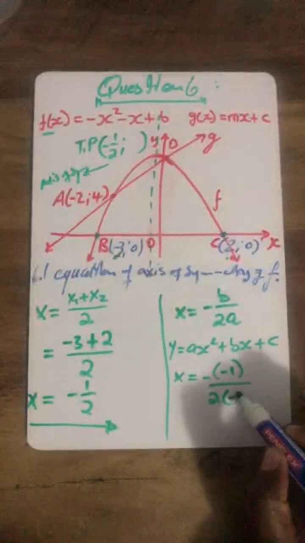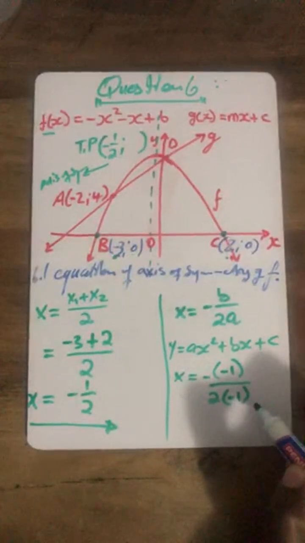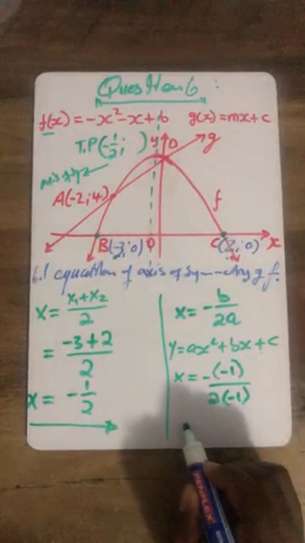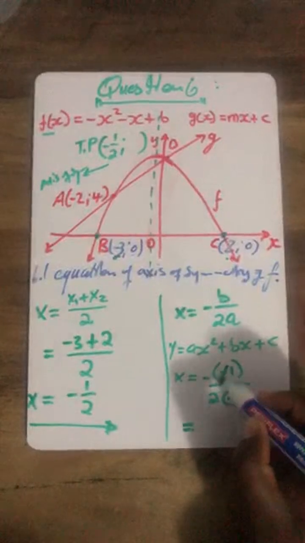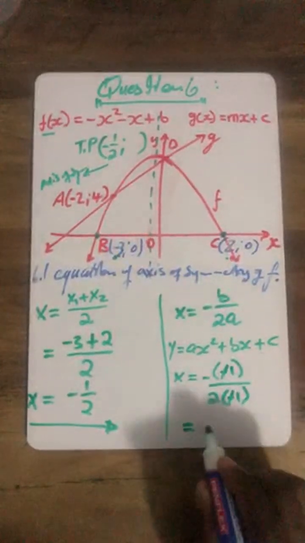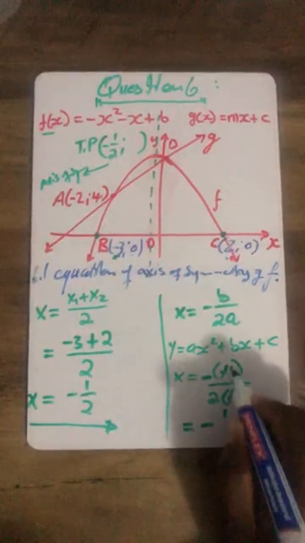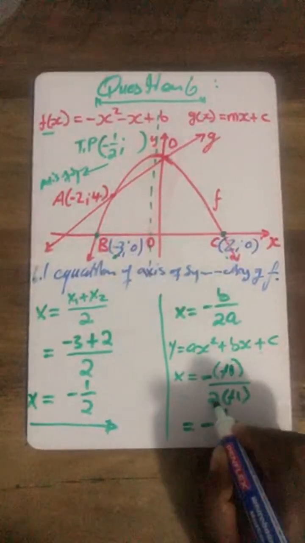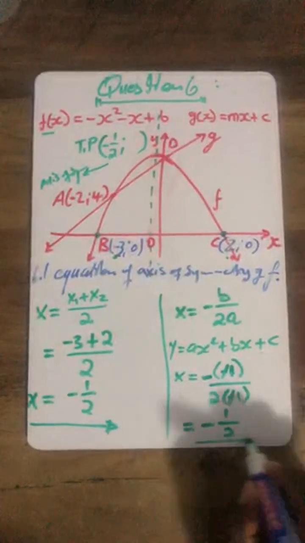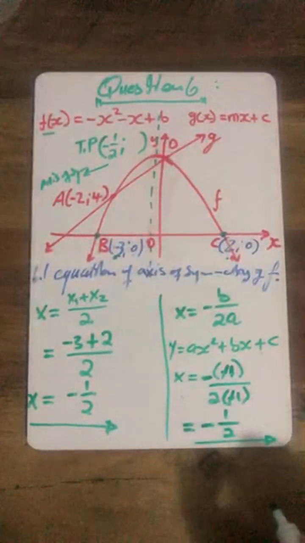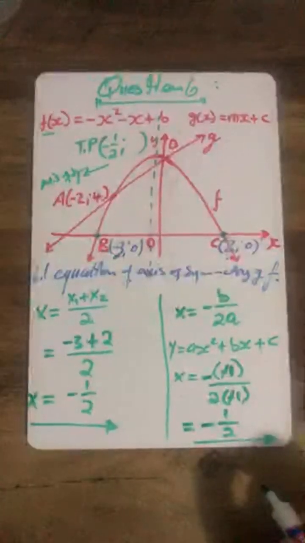It is negative 1. So can you now see this negative will cancel with that negative? So you remain with that negative 1 over that 2 there. Then you are getting the same answer.